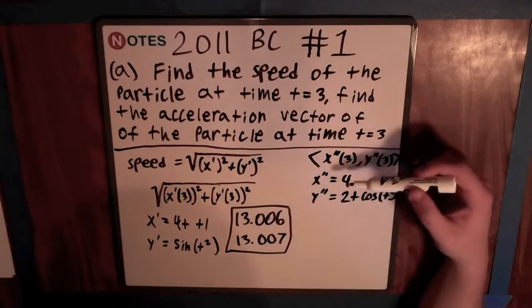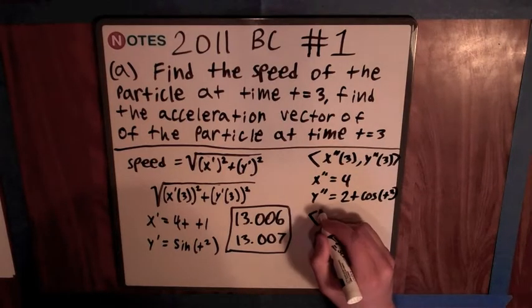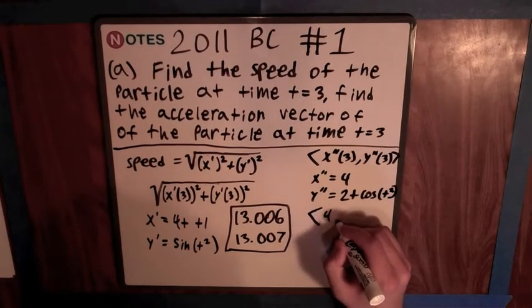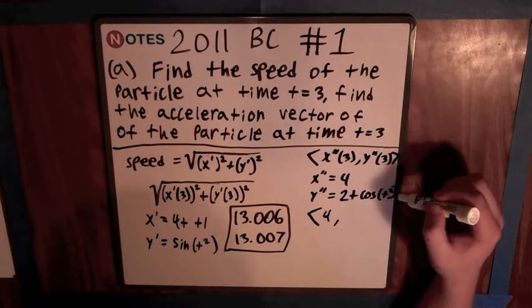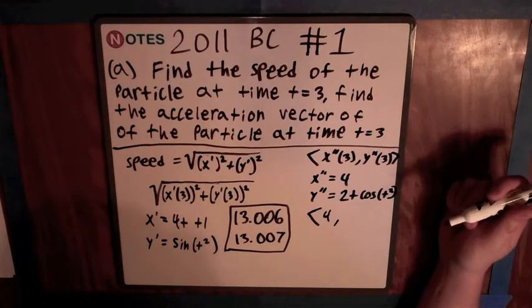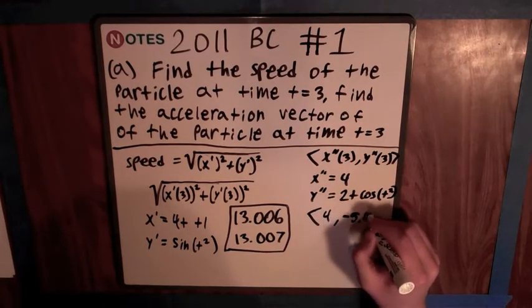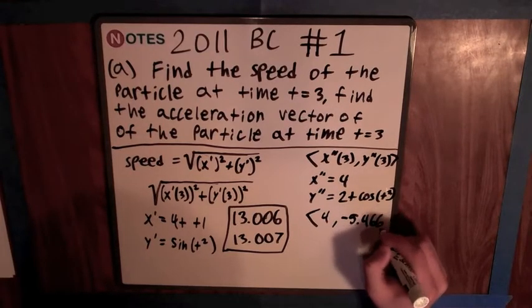Then plug in these values, so you're going to get 4, and then you're going to plug in 3 into this using your calculator. You will get negative 5.466.